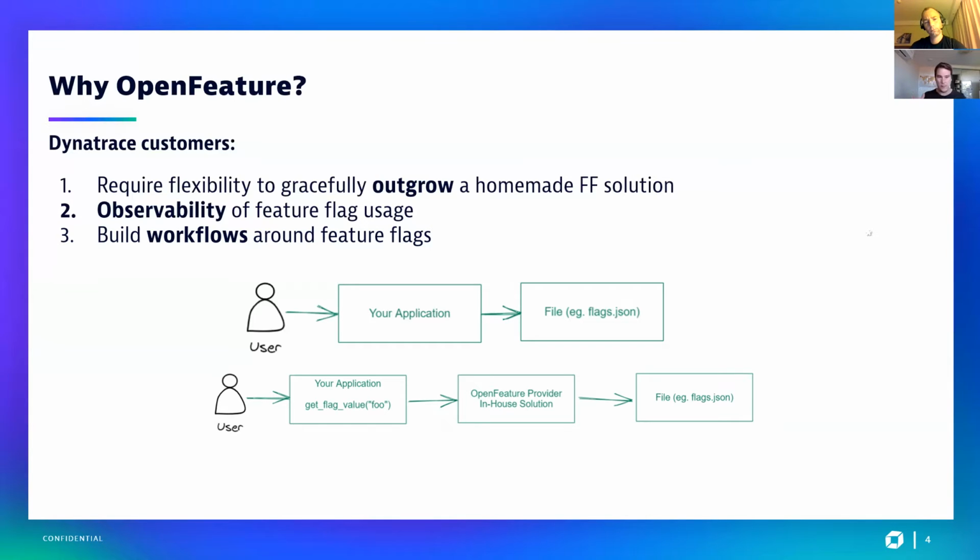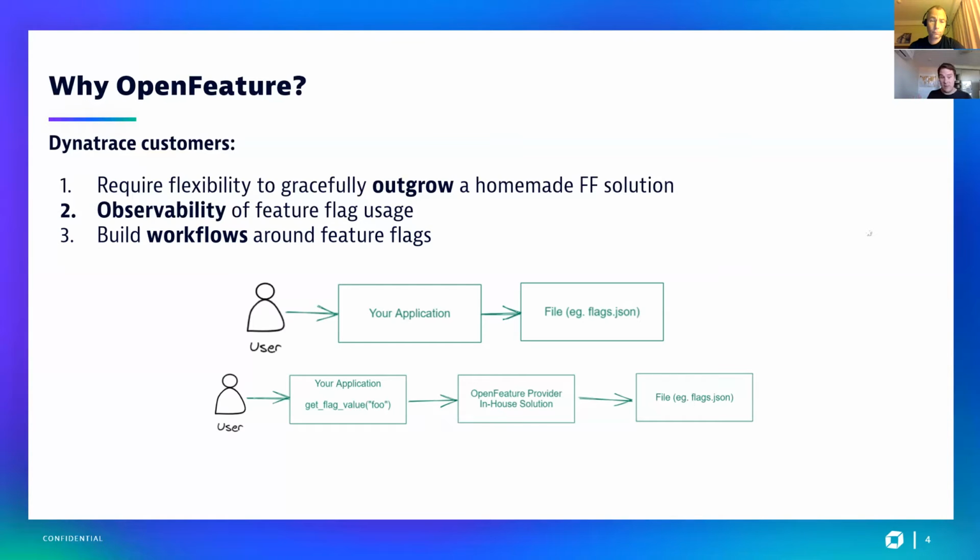It's important at this point to stress that OpenFeature isn't a product, it's a specification. Just like OpenTelemetry, vendors and other companies will write products around it, but OpenFeature itself is just an open standard.